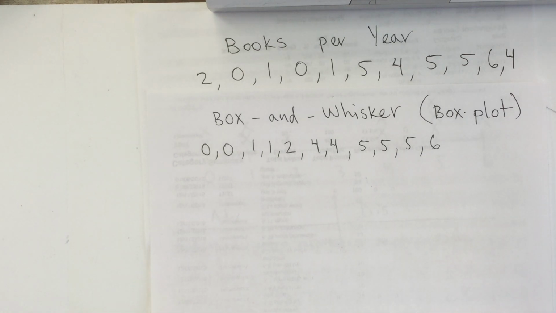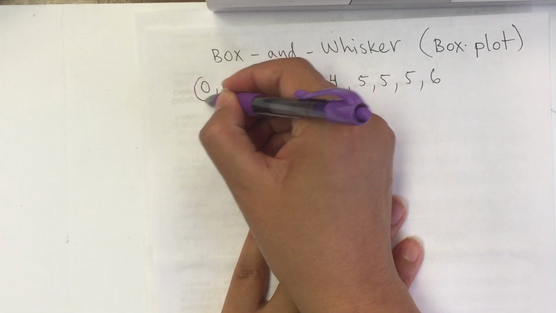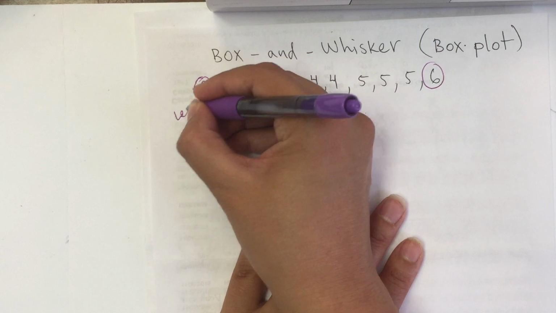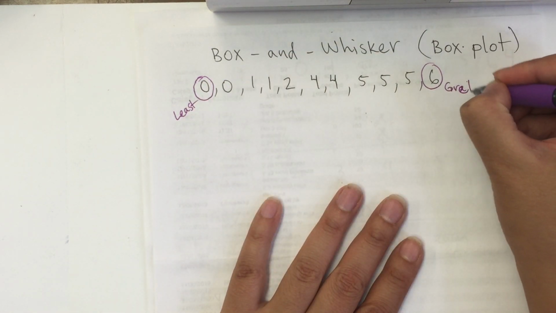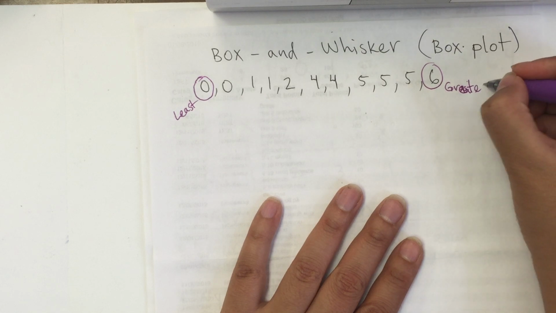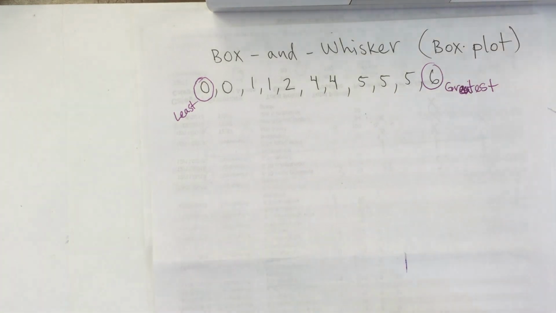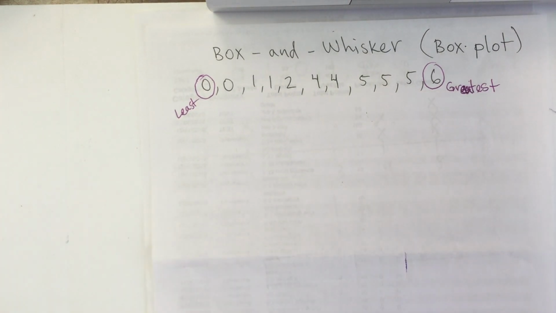Okay, so in here you're gonna need 5 pieces of information, and the easiest ones to find are my smallest and my largest, the least value and the greatest value. And the next one that you need is the median, which we already learned to find in the previous lesson.